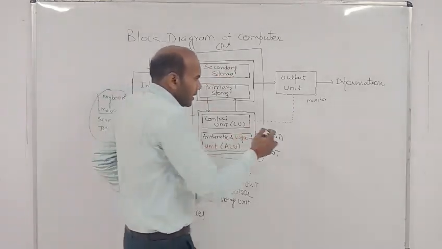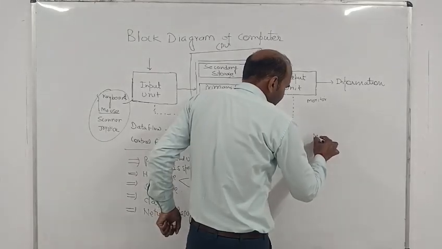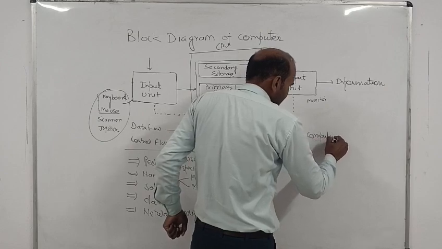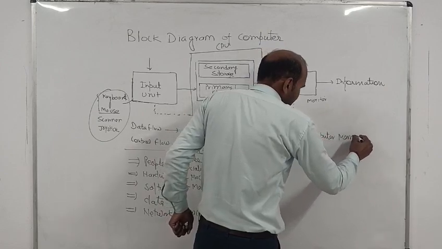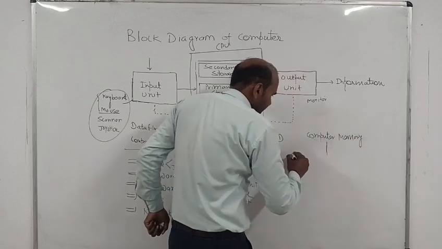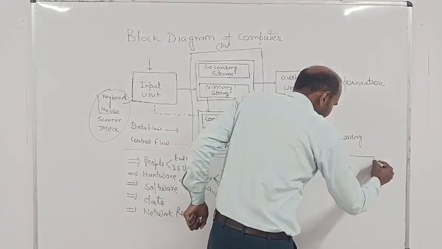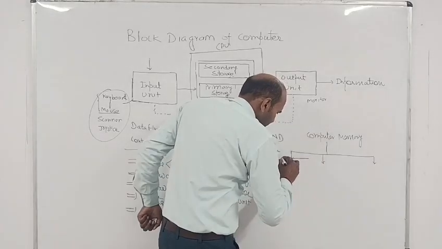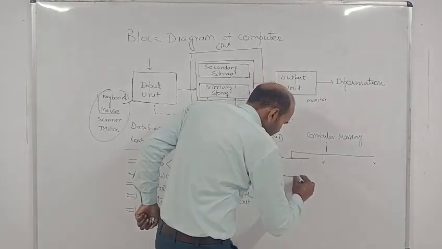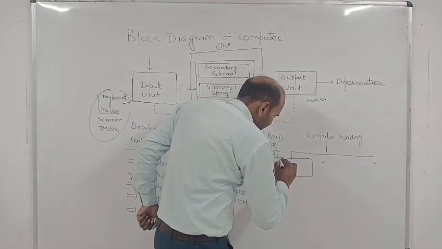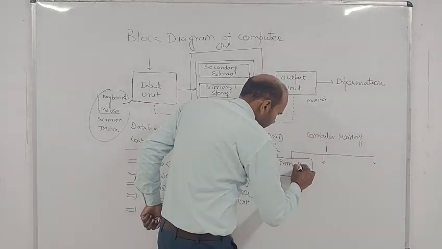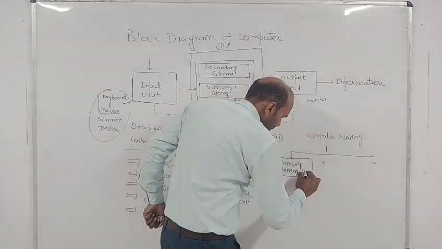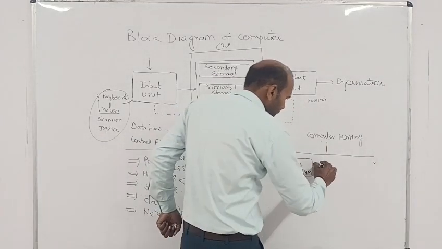In this unit, the memory unit, computer memory is basically classified into three important types. First is the primary memory, also known as main memory.